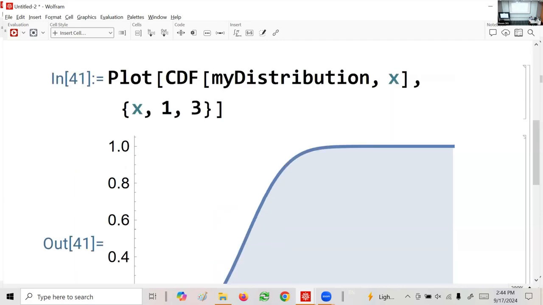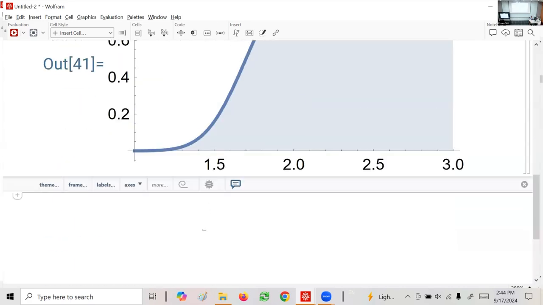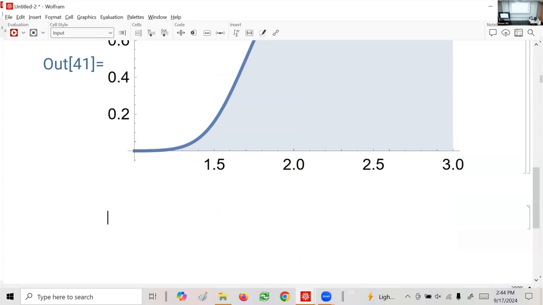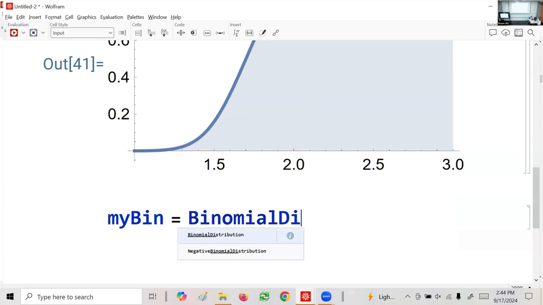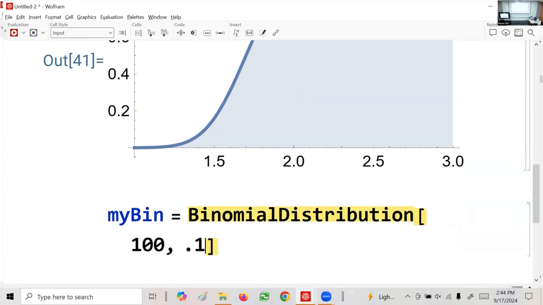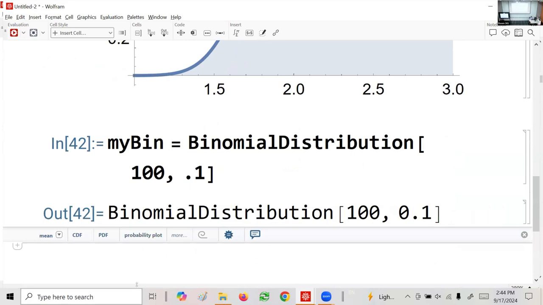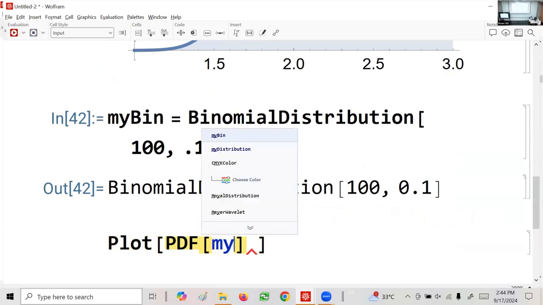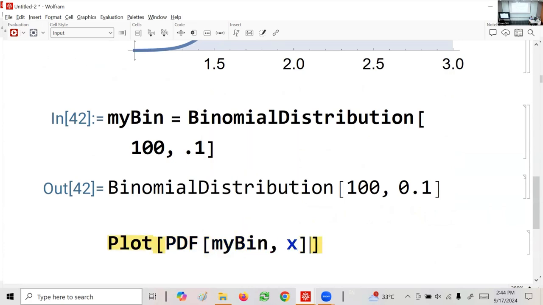Let me show you. For example, let's say my binomial equals BinomialDistribution of 100 and 0.1. Now I want to plot the PDF of my binomial and X. X is going to go from 0 to 100, right?